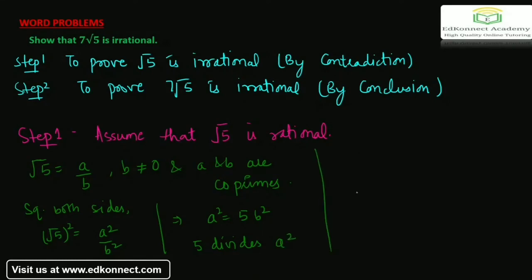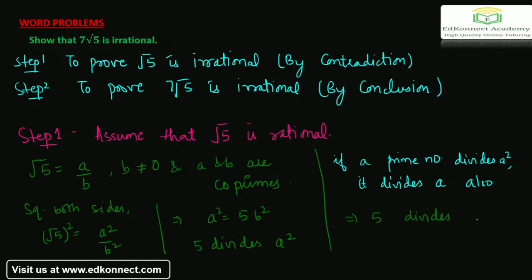Now from the theorem that if a prime number divides a square, then it divides a also. So if 5 divides a square, this implies 5 divides a. So let this be the first equation.